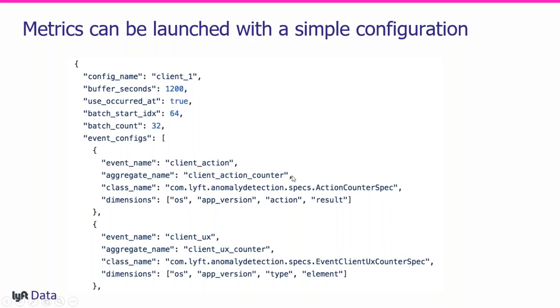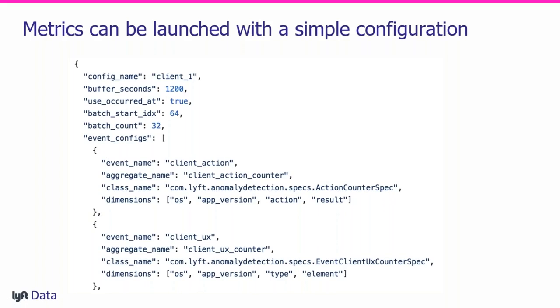We're basically counting client actions, and then the dimensions signify what properties we are aggregating those events by. So in SQL terms, that means count, event client action, group by OS, app version, action, and result, which could be failure or success.